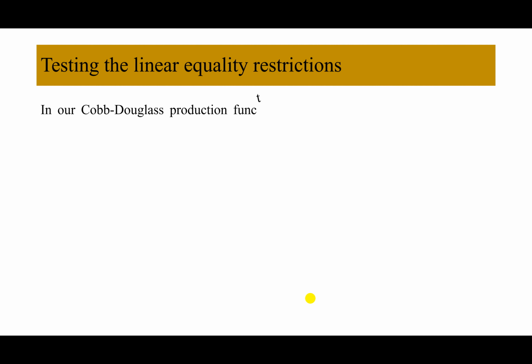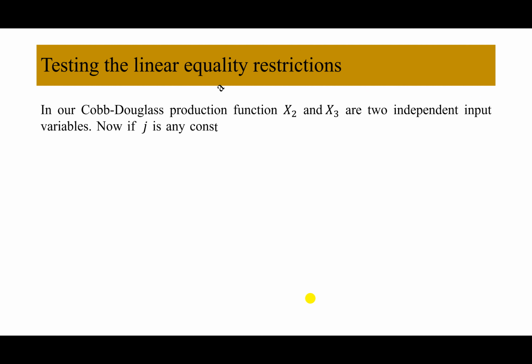In our Cobb-Douglas production function, x2 and x3 are two independent input variables.